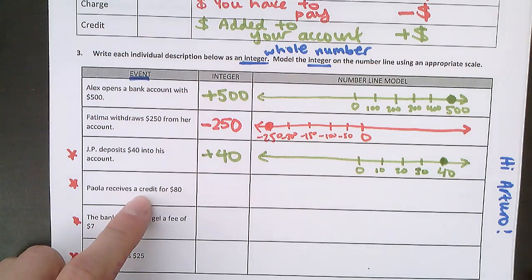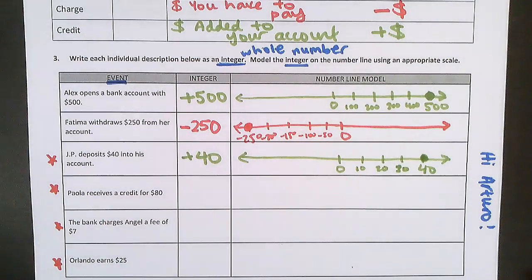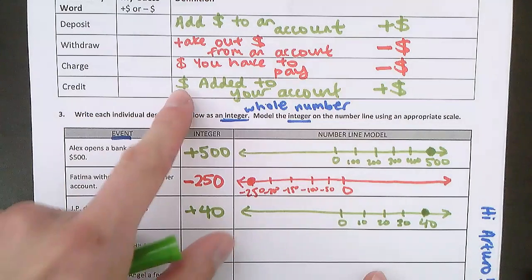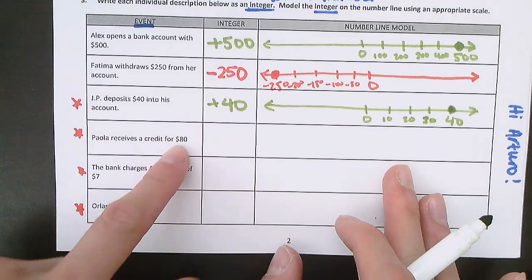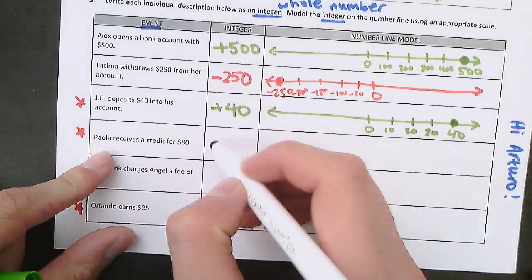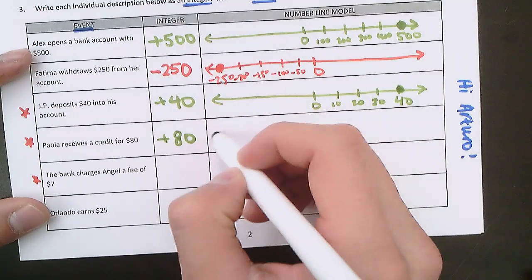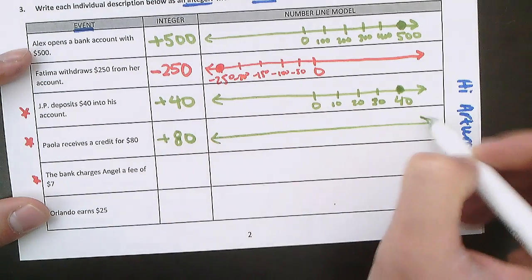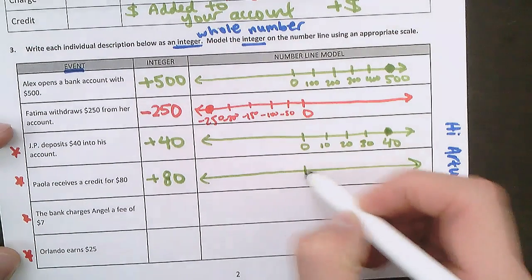Paula receives a credit for $80. Well, a credit means money that's added to your account. So this means $80 is added to her account, so it's adding. She gets money plus 80. Let's draw a number line. Zero's here.